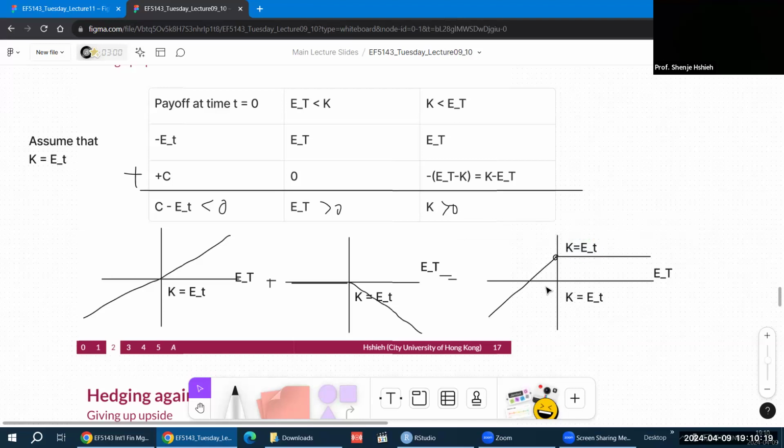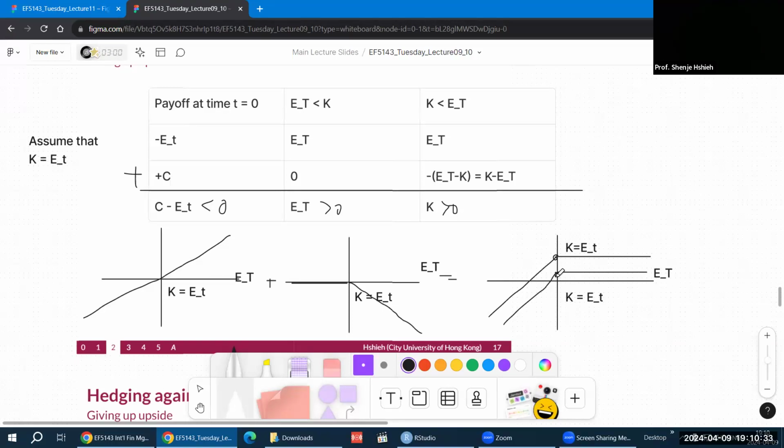And then if we were to factor in this benefit, which is positive, our curve will shift upward to this point here. So this point should be C.